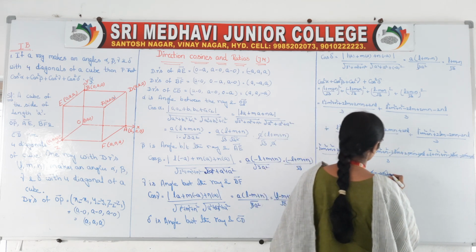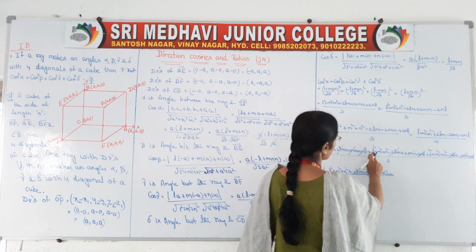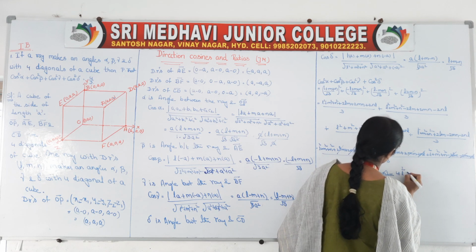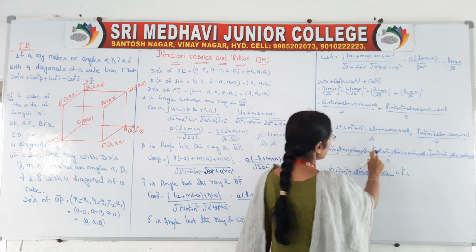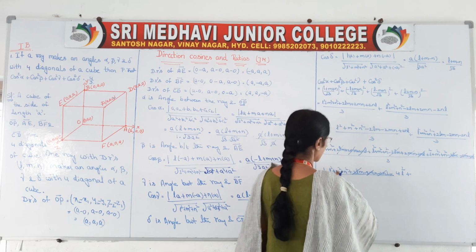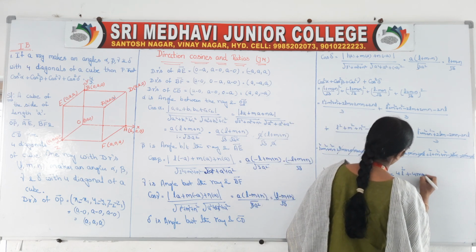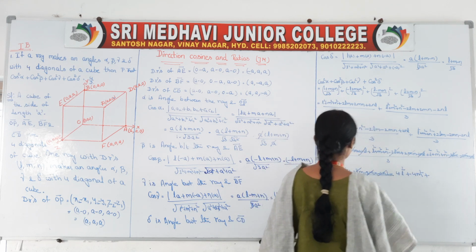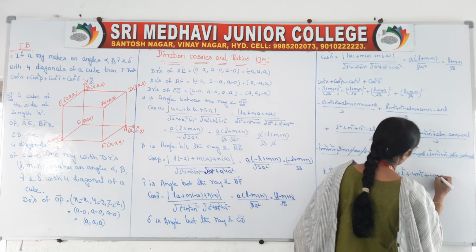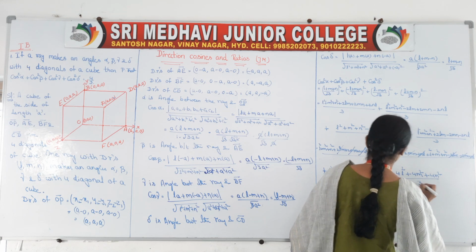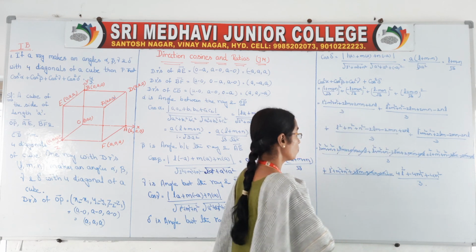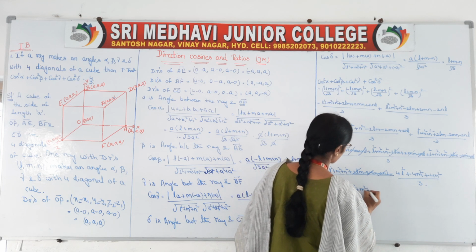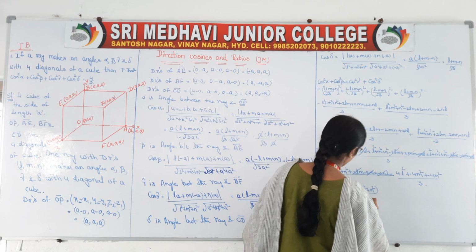So what are the leftover values? 4 times l², plus 4 times m², plus 4 times n², by 3. Okay, so 4 can be taken common. So 4(l² + m² + n²) by 3.